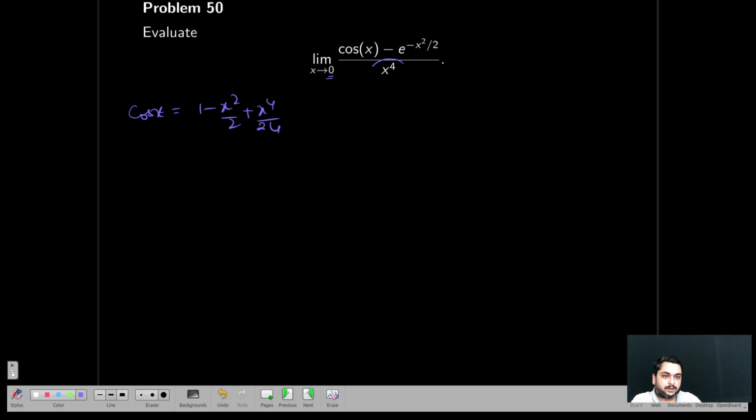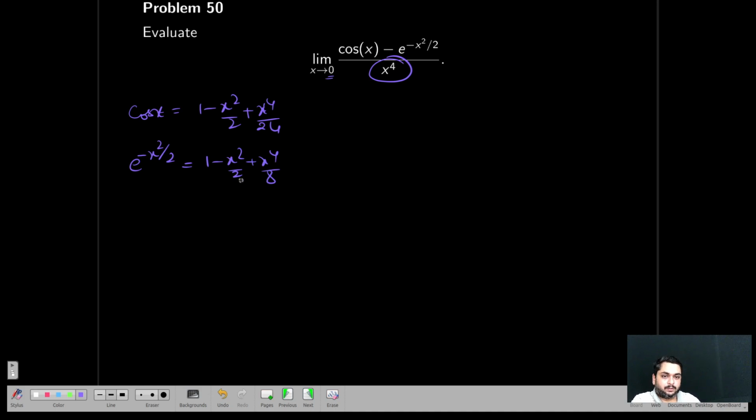Because the denominator is x power 4, I can expand till x power 4 only, it is sufficient. Similarly, e power minus x square by 2, previously we found out the 4 terms, so that will come out to be 1 minus x square by 2 plus x power 4 by 8.